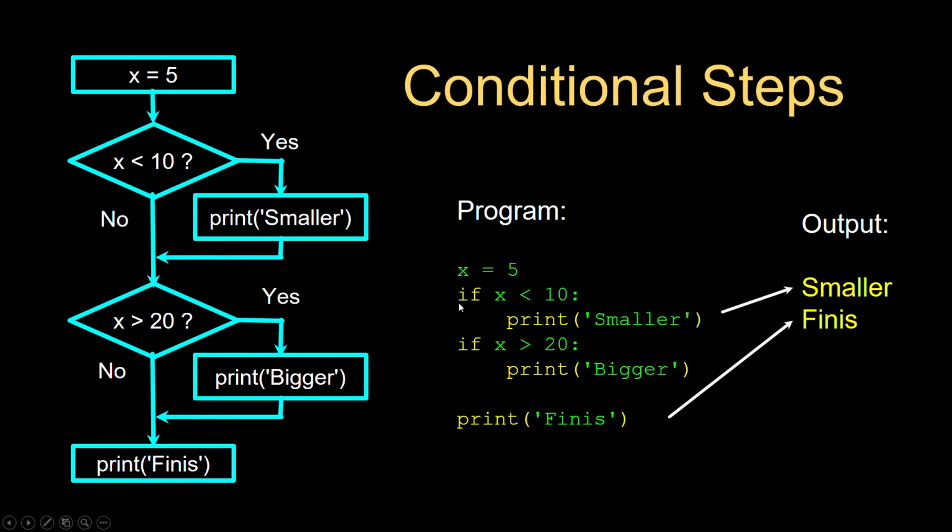And then comes the next statement, which is aligned with the previous if. So the next statement is just a normal flow of execution in the program. There's another if statement in this example, and these two if statements are completely independent from each other.